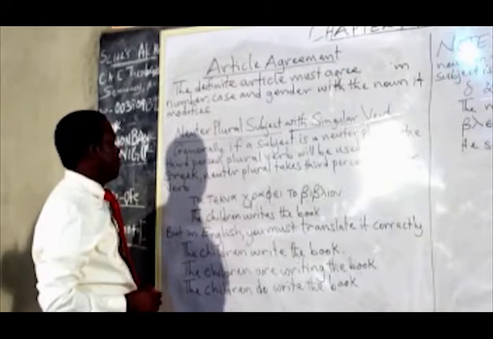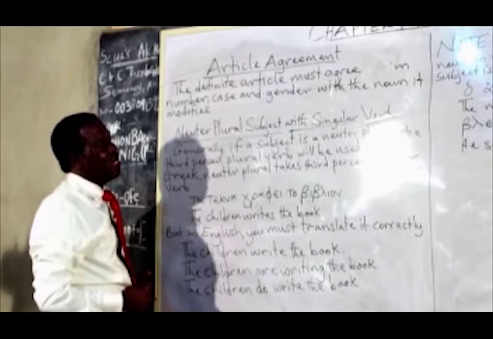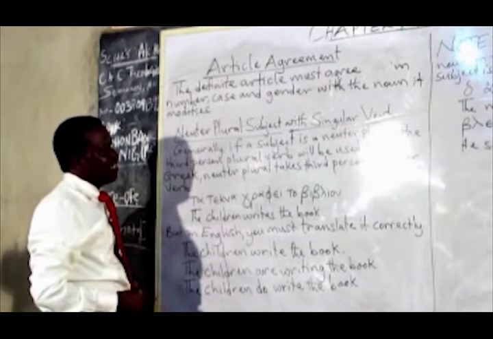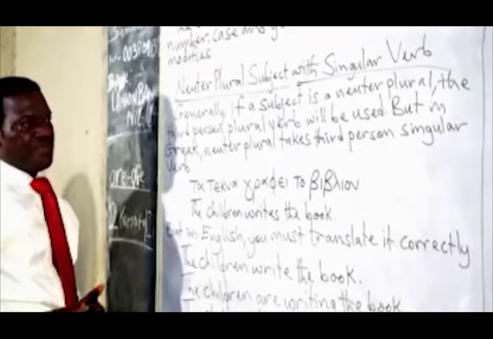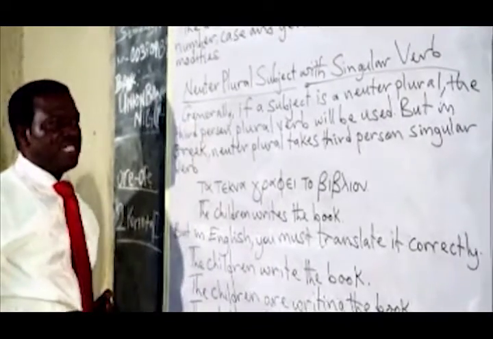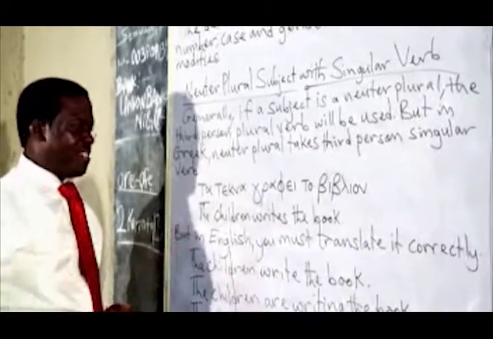Very, very important: neuter plural subject with singular verb. Generally, if a subject is plural, the third person plural verb will be used. But in Greek, a neuter plural takes a third person singular verb.